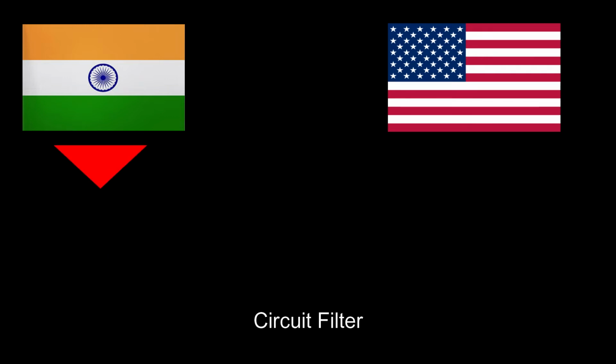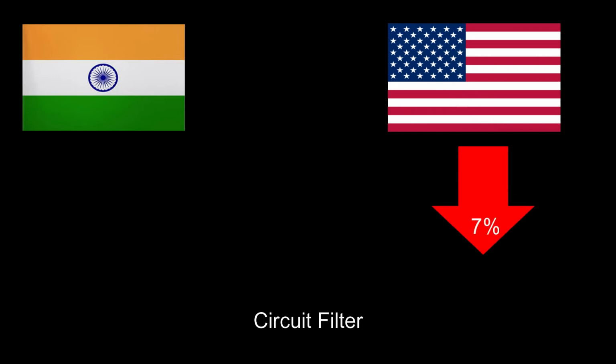But if the market crashes by 20%, then the whole market trading will be stopped for the entire day. But in the US, the circuit filter is 7%, 13%, and 20%. It means that if the market crashes by 7%, there is a halt, at 13% another halt, and if it crashes by 20%, the entire stock market will stop for the entire day.